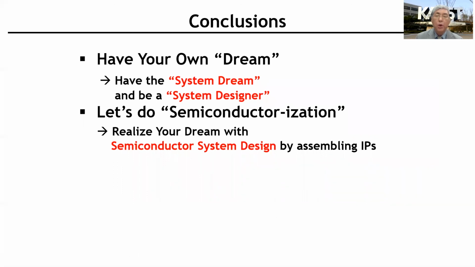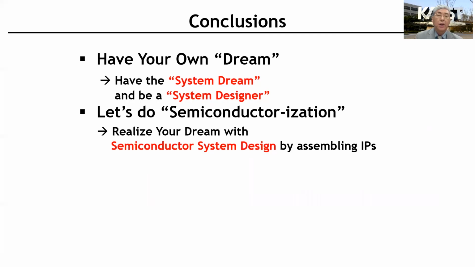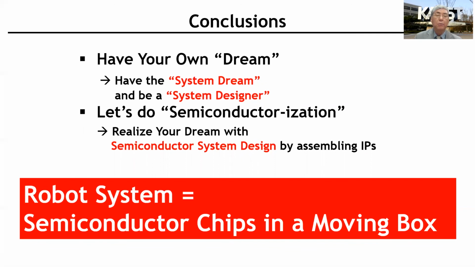You can design your own semiconductor. Semiconductor design is nothing but assembling the IPs. So semiconductorization is the way to develop the system, and you can develop your own system.